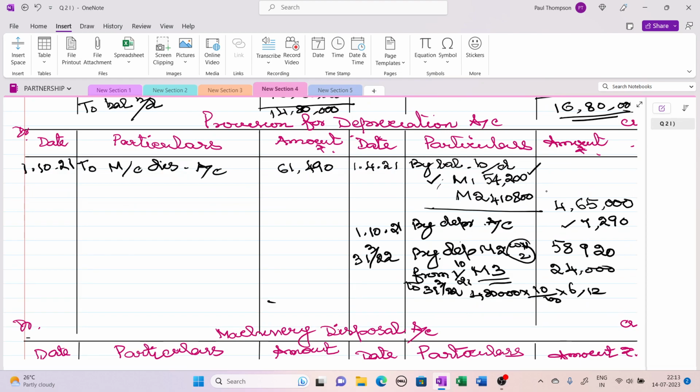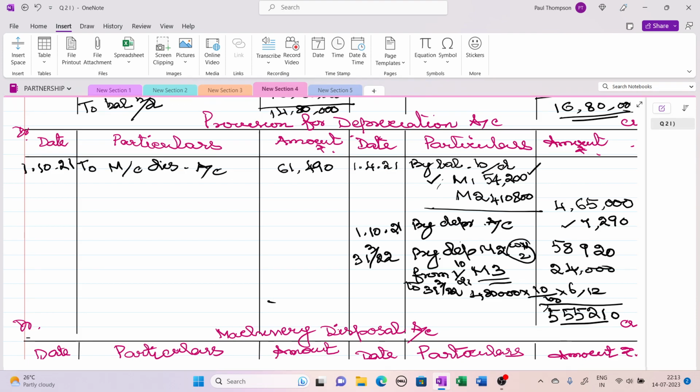Now we will be totaling the total depreciation, which is 555,210. So we have sent to machinery disposal account 61,490. So now what is the balancing figure?